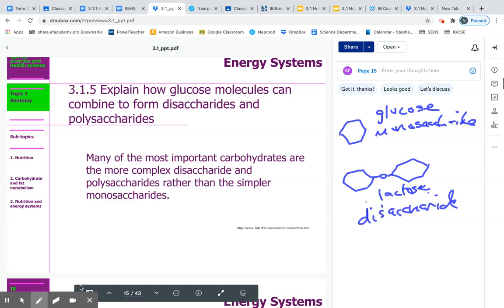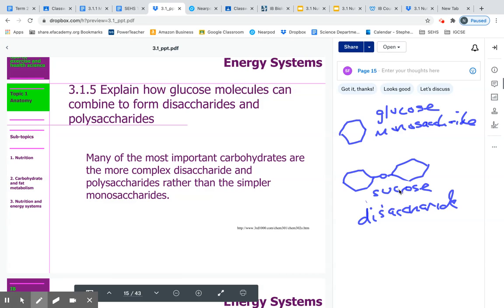If we combine glucose with a different type of monosaccharide, so let's say this one isn't glucose, but it's a molecule called fructose, then we get a disaccharide called sucrose.